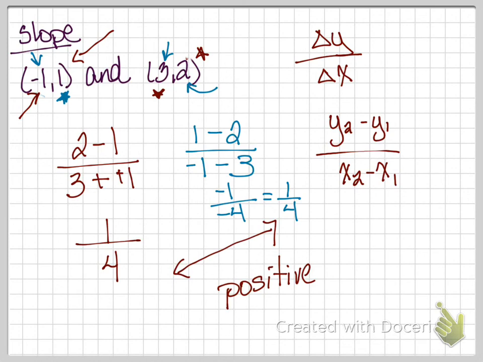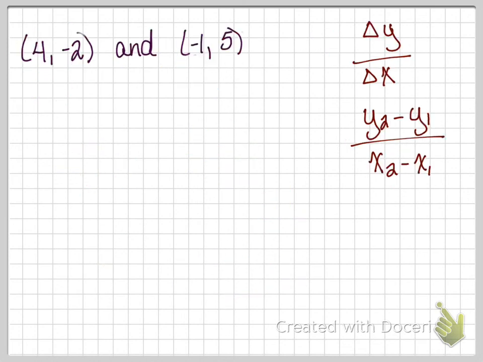Okay? Can I move off this screen? Okay. We're going to do it again. (4, -2) and (-1, 5). I'm going to start with this point, (-1, 5). What's my y value in (-1, 5)? Good. What's my y value here?